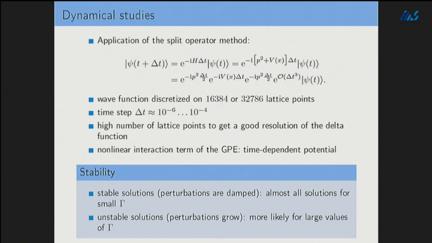Stable solutions are, of course, those for which fluctuations are damped such that they vanish after some time. Unstable solutions are those for which these perturbations grow. And we found that this is more likely for large values of gamma. Of course, this is also known already from the stationary solutions in the complex potential.